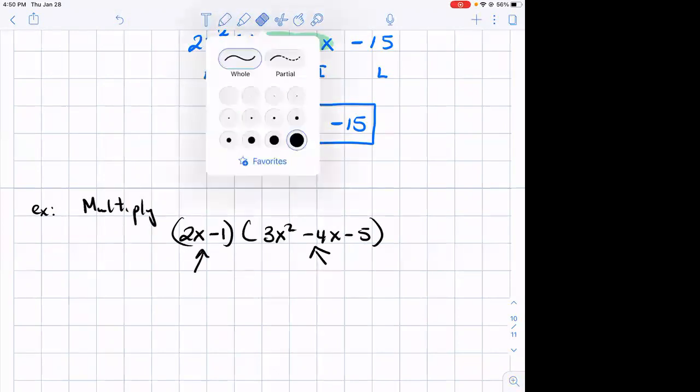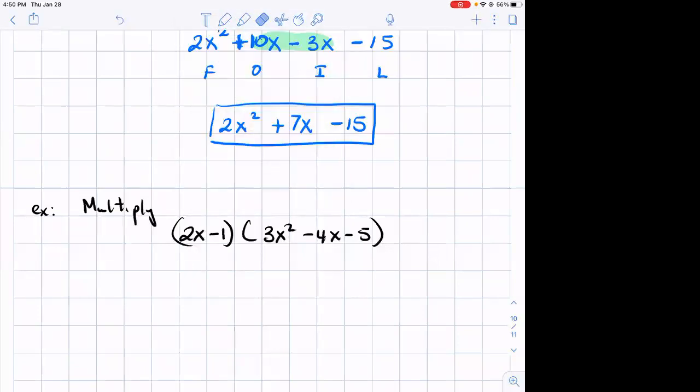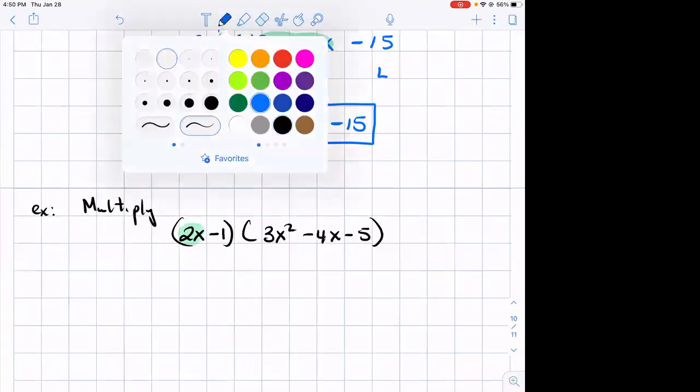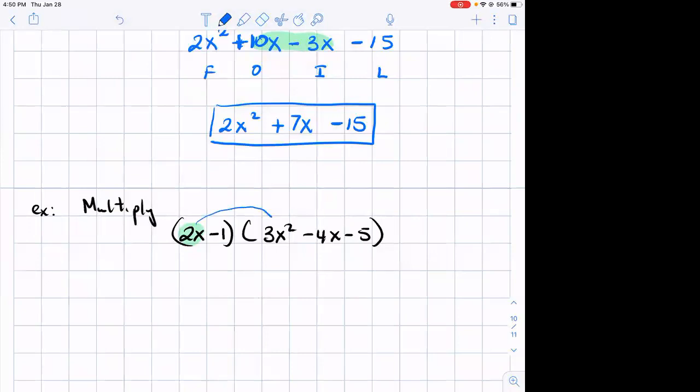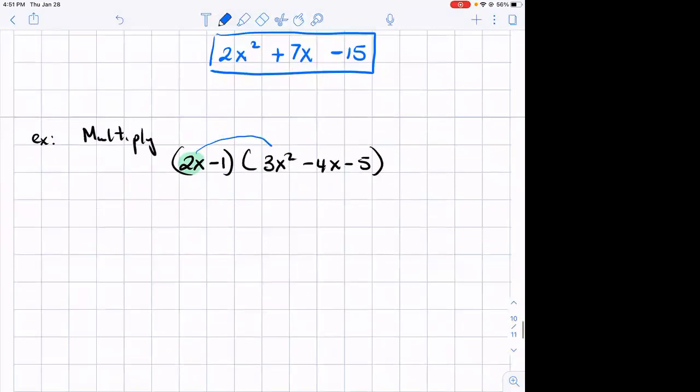But the idea is the same, okay? What I said to you earlier, take the first term and distribute it to everything inside that second parentheses. So 2x times 3x squared becomes 6x cubed.